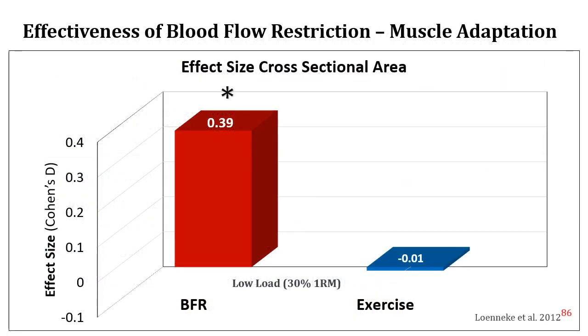So I've graphed the outcomes here as far as effect sizes. So the effect size as given by Cohen's d is shown on the y-axis, and then you have the exercise group, low load resistance training with BFR versus low load resistance training without BFR. You can see that by far and away the effect size here is not only statistically significant, but also clinically meaningful as far as the benefit.